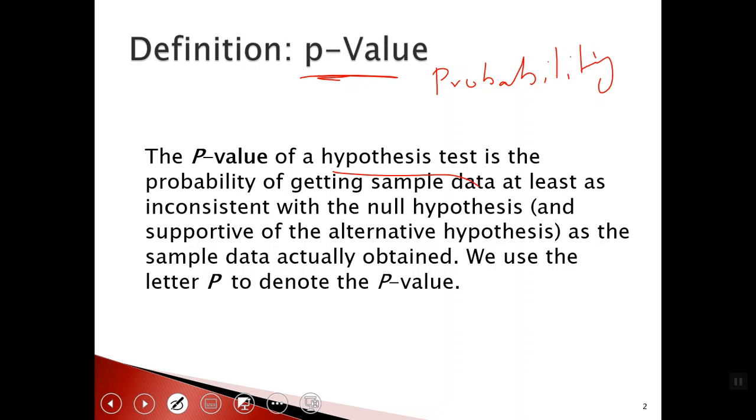This value is a probability value, and we denote this p-value by using capital P. So always if I mention something like p val or p value, or let's say simply p, it means we are considering p-value.